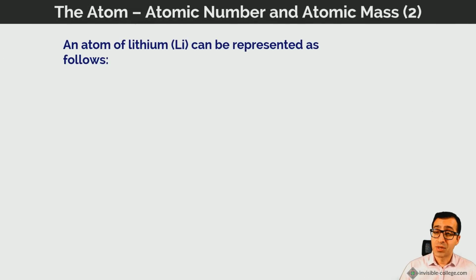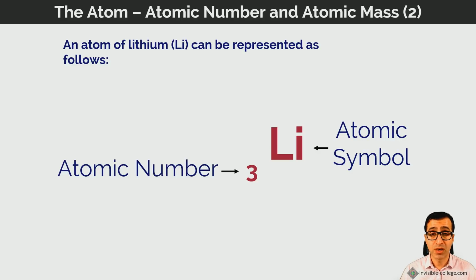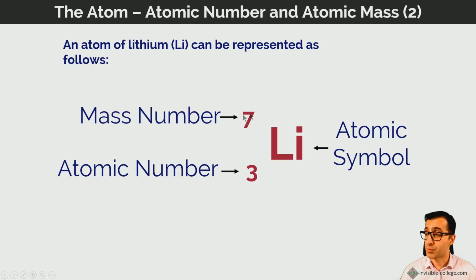So the way that the atoms are represented in the periodic table, we have the atomic symbol, and if we're talking about a particular element, we have the atomic number, which is usually expressed on the bottom left-hand corner, and again, if we're talking about a particular isotope of an element, we have the mass number expressed on the top left-hand corner, which is simply the sum of the protons and the neutrons found in the nucleus of that atom.